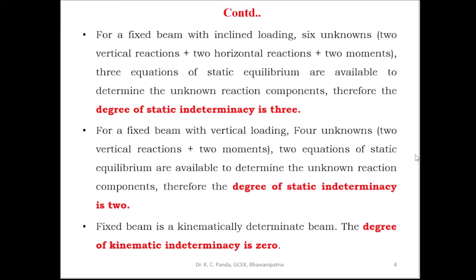If the loading is vertical, ds is equal to r minus 2. Here r is equal to 4, the total number of reaction components, and 2 is the total number of static equilibrium equations available. So ds is equal to 4 minus 2, that is equal to 2.